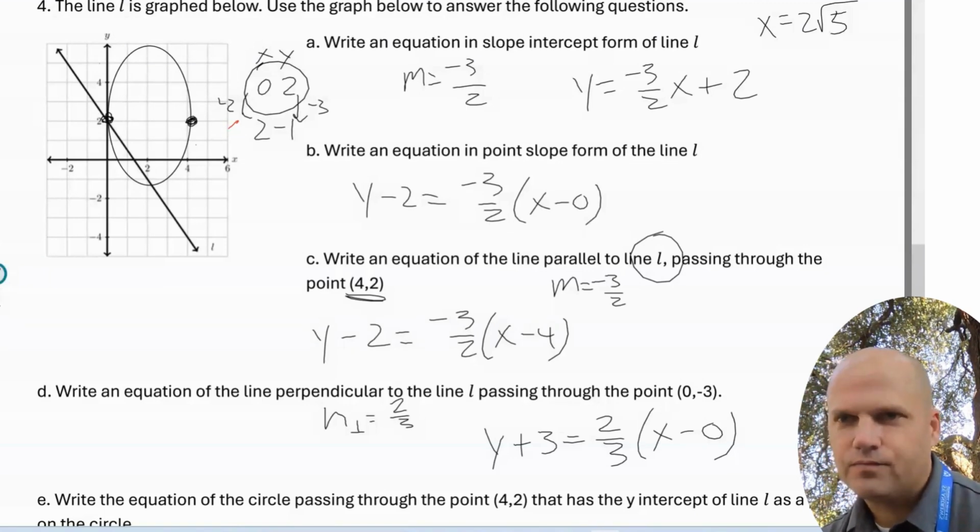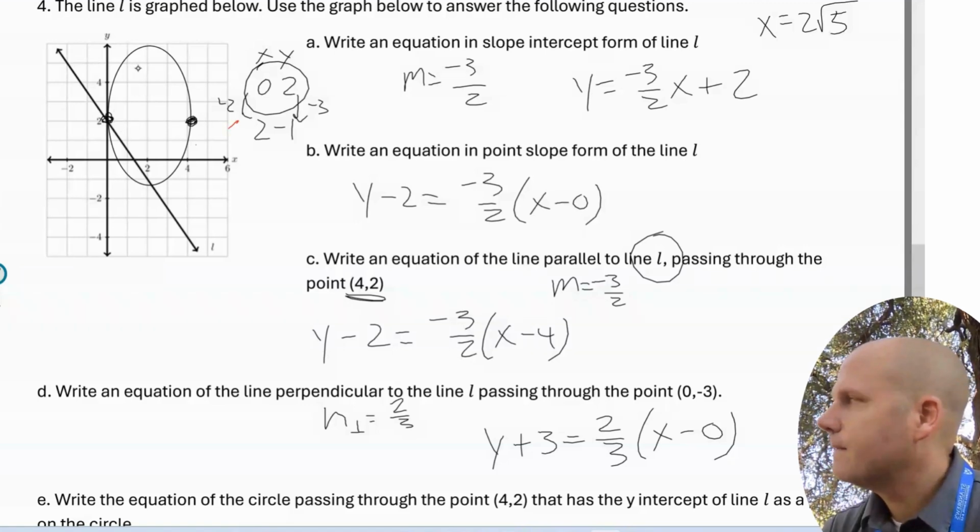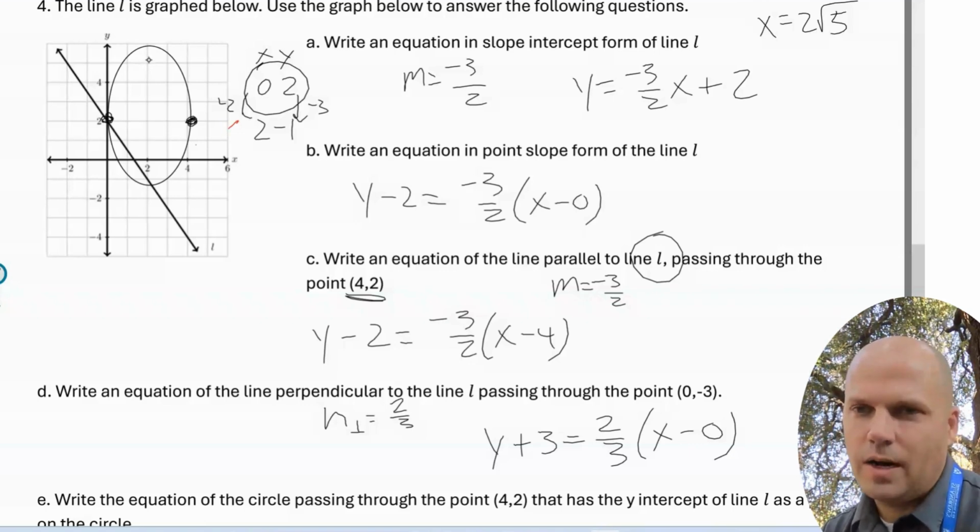Yeah, there's a circle. Well, there's actually an infinite amount of possibilities here. So I'm going to say that I wrote the question a little bit wrong.